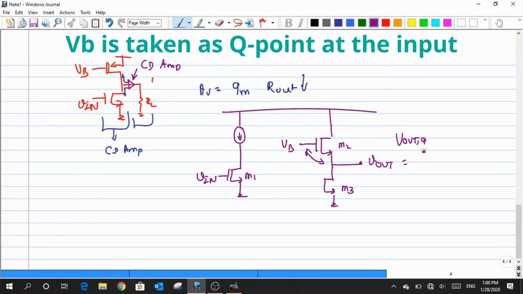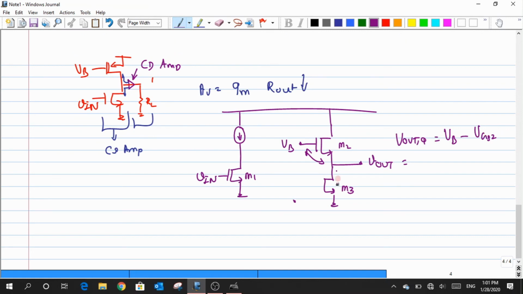So basically, Vout,Q is defined as VB, which is the potential between the gate and the ground, subtracted by the corresponding value of VGS. Am I right? So what I have is VB minus the VGS2, and this VGS2 is defined by the DC current flowing through this particular path.